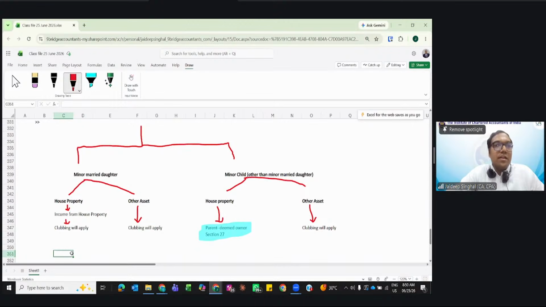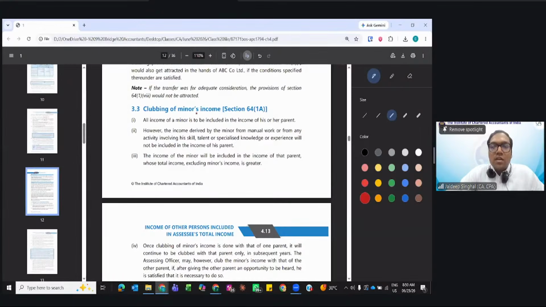Let's study it from the book. Clubbing of minor child's income. All income of a minor child is clubbed in the hands of his or her parent. However, the income from an activity derived from manual work, or from an activity involving skill, talent, or specialized knowledge or experience, will not be clubbed.